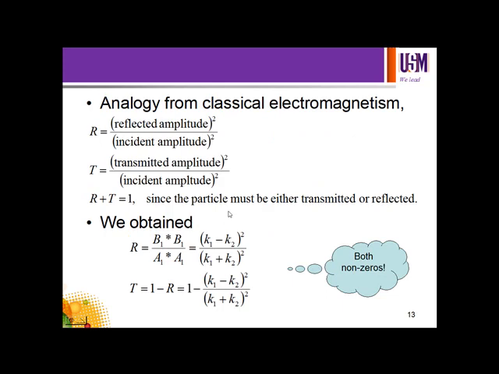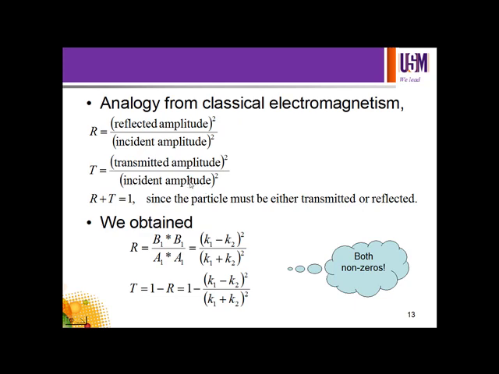In classical electromagnetism, when we studied electromagnetic waves, the reflected wave is equal to the reflected amplitude squared divided by the incident amplitude squared. So we have the amount of electromagnetic wave being reflected back or scattered back, while the transmitted electromagnetic wave is equal to the transmitted amplitude squared divided by the incident amplitude squared.